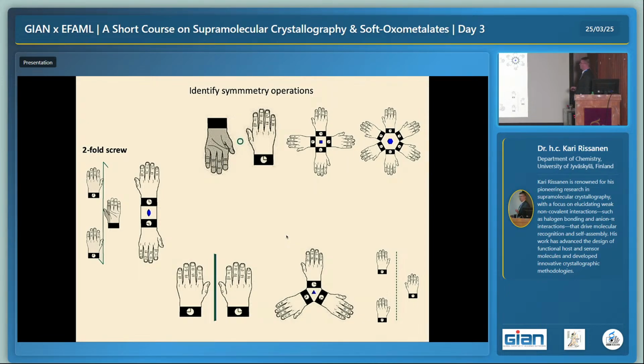Now, of course, this is a very simple thing if it's done by hand, like I was doing. It's simultaneous rotation and translation as a twofold screw axis. And here, of course, this is the old sign also. And the idea, if you have this kind of a thing, of course, you have a twofold axis.